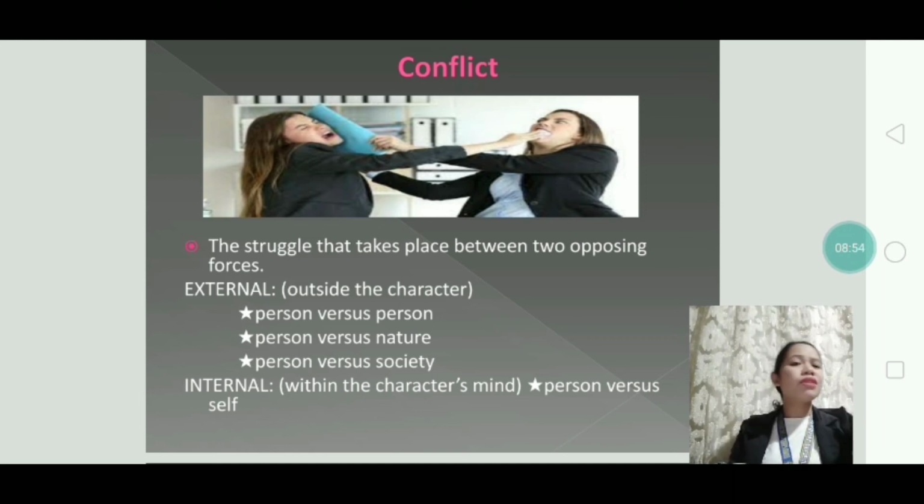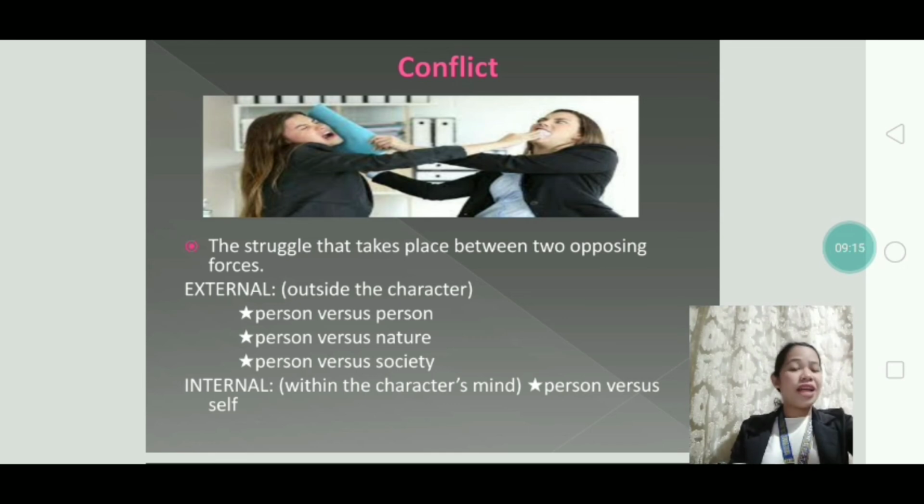Now, person versus person, what do you think is the conflict? It could be, yes, very good. It could be your friend, it could be your family, it could be your lover, anything that is a person.